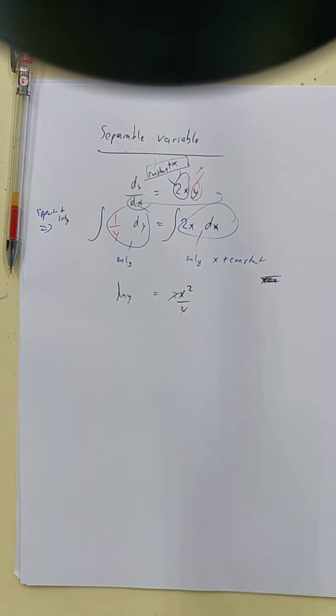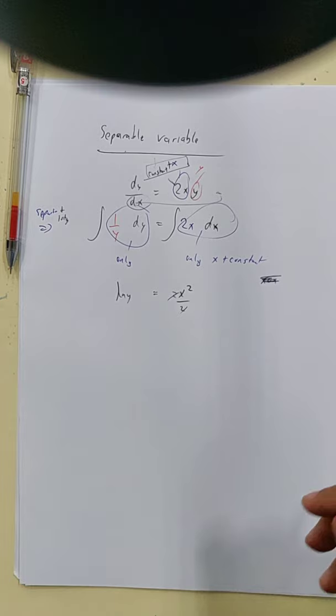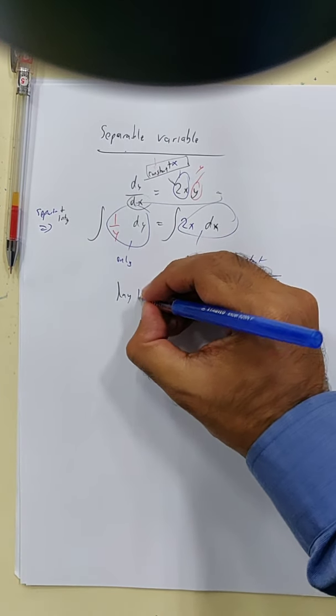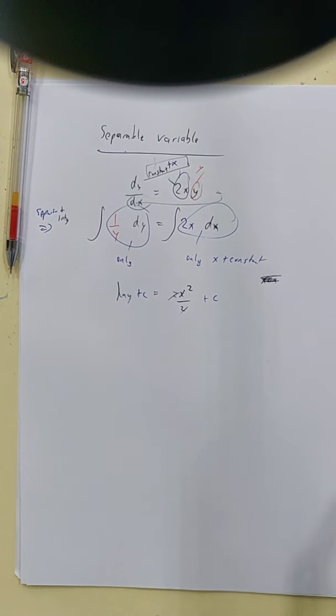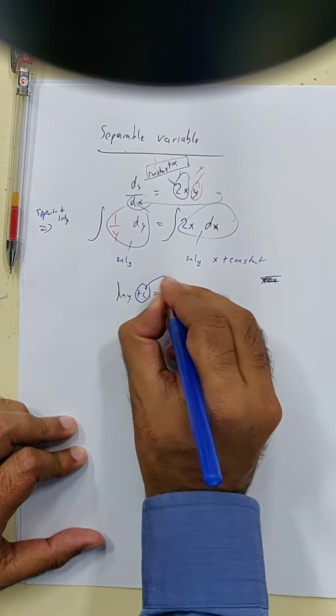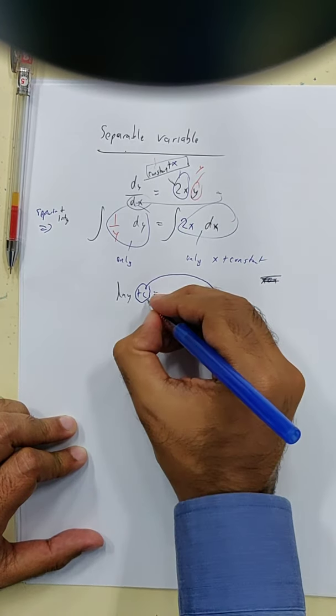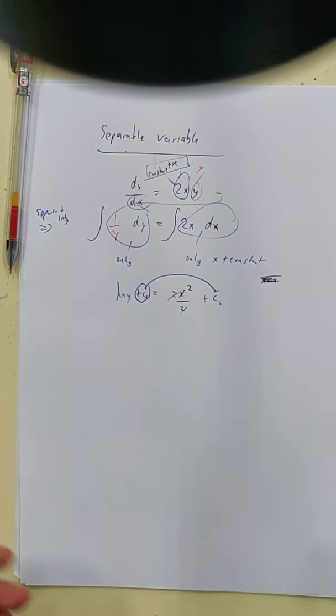Where should we put our plus C? Left or right? Technically, it appears on both. Yes, you are right. But we combine them up. We bring this plus C and put it aside. So we can say C1 plus C2 becomes C3.